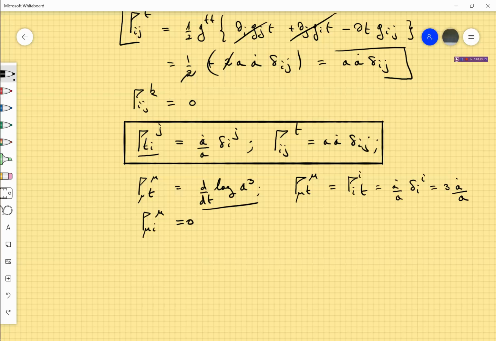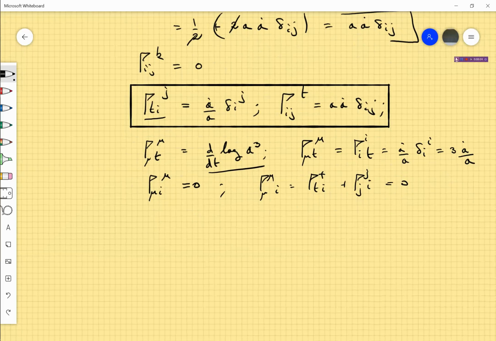So this is correct. And about this, well, gamma mu i could be this, which is 0, and this, which is also 0. So it is correct that it is 0.